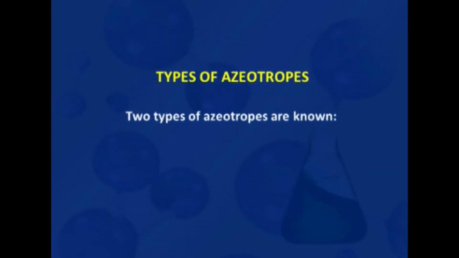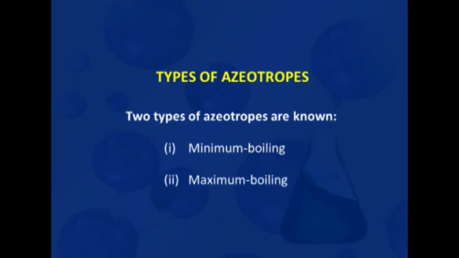There are two types of azeotropic mixtures: minimum boiling azeotropic mixtures and maximum boiling azeotropic mixtures. Now we will discuss minimum boiling azeotropic mixtures.